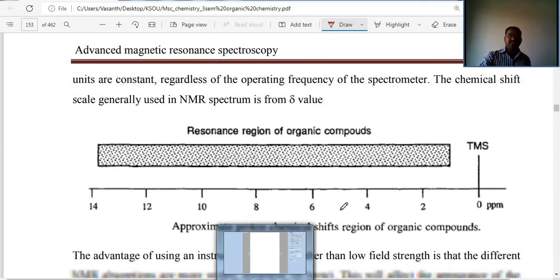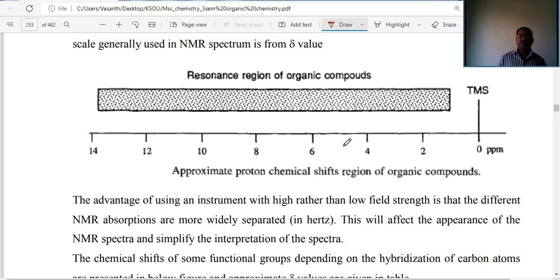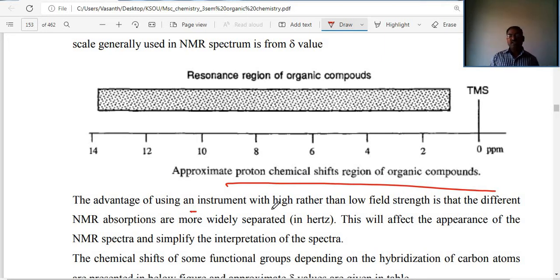These are the approximate proton chemical shift regions of organic compounds. The advantage of using an instrument with higher field strength is that the different NMR absorptions are more readily separated.